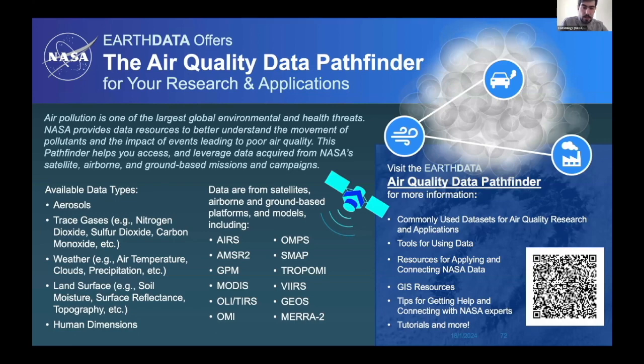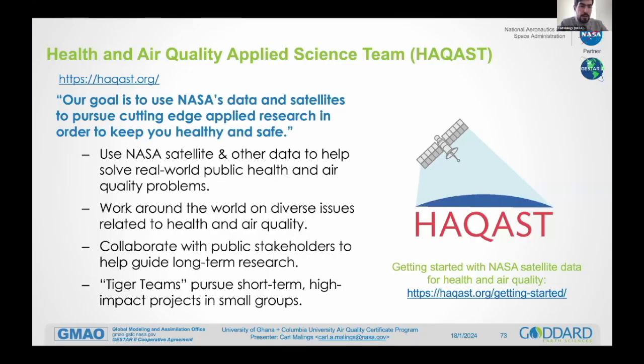So it tries to go from people's basic needs and direct them towards which specific data source they should be going to. And then finally, there's the Health and Air Quality Applied Science Team, or the HAQAST program at NASA, which connects researchers at NASA and at universities who research satellite data and air quality with practitioners in air quality management and in public health, and tries to use those teams to develop new ways of applying satellite data to solve health and air quality issues in the US and around the world.